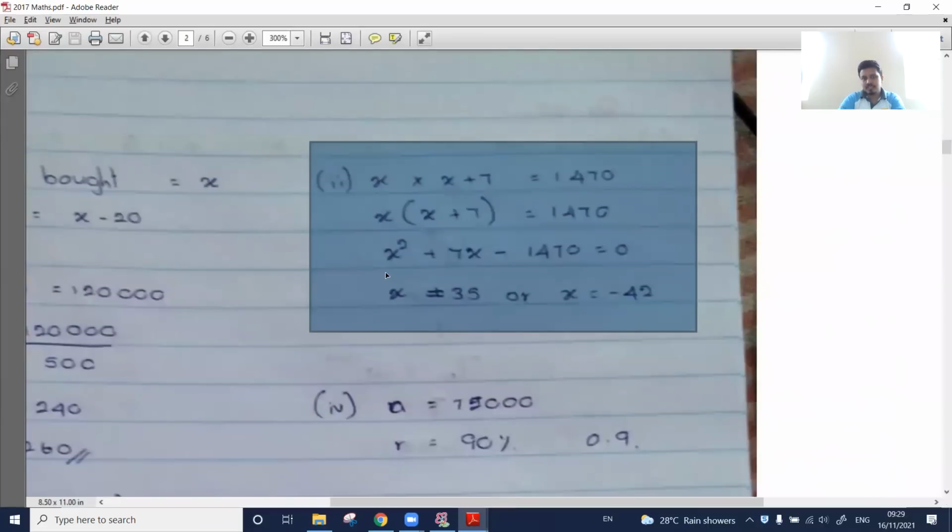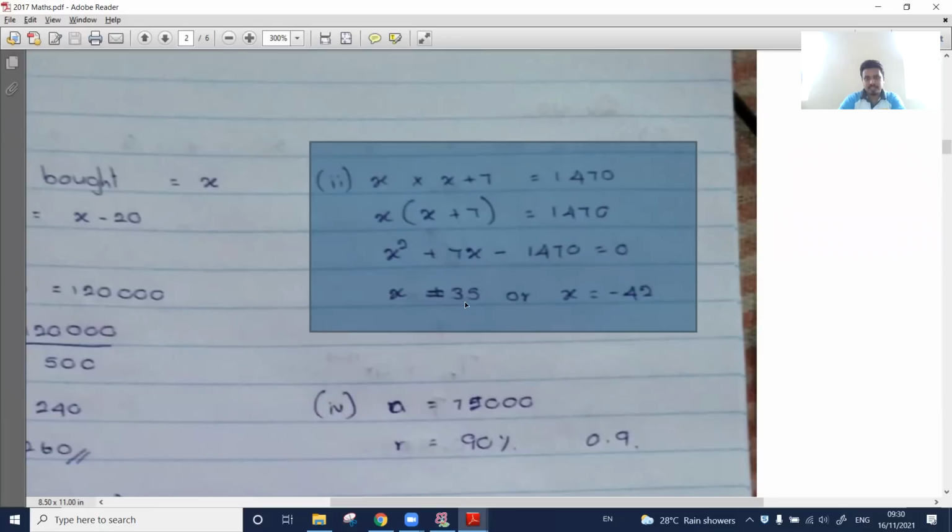Right, this is not a complete answer, this is a half complete answer. Final answer should be what? Those two numbers are 35 and 42. Since this is a minus value, we will not consider it. So we are going to consider 35 as the answer.